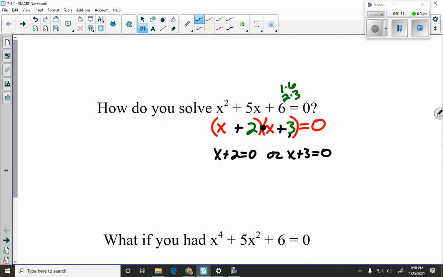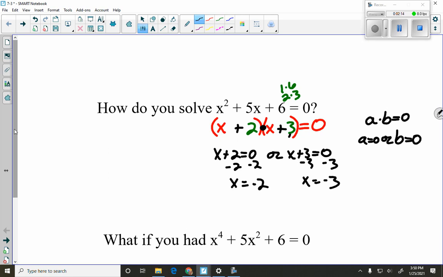Because the only way you can multiply two things together to make 0 is if one of them equals 0 or the other equals 0. So that's solving by factoring. Now I can solve it: minus 2, x equals negative 2. Or minus 3, x equals negative 3.